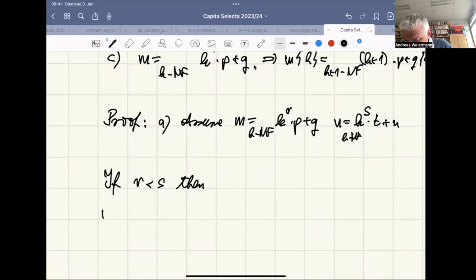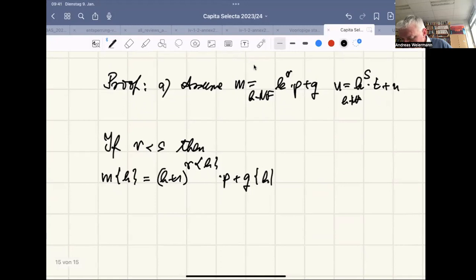Now, m, where we do the base change in k, is k plus 1. Here we have r of k times p plus q of k. Now, r of k will be smaller than s of k by induction hypothesis. So this is less than equal to k plus 1, and now here I replace r of k by s of k minus 1.